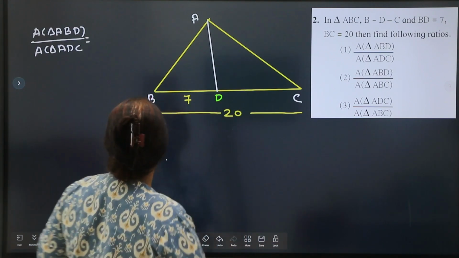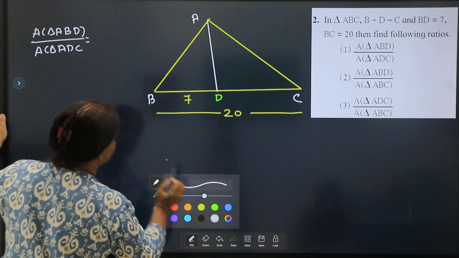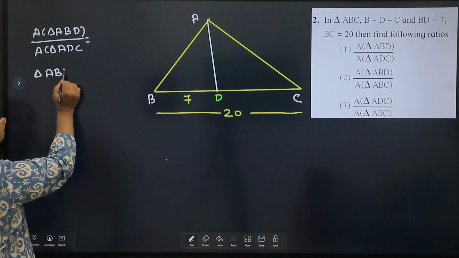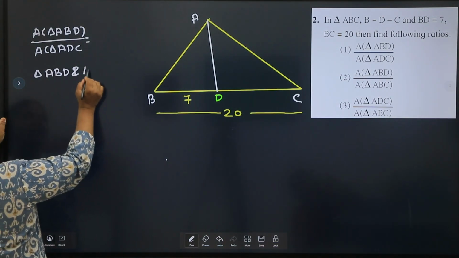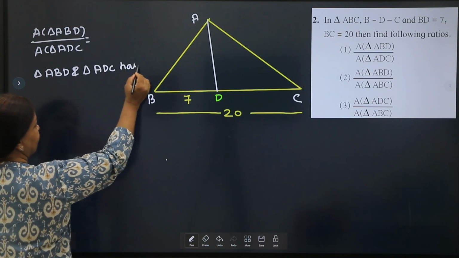So we can write here triangle ABD and triangle ADC have a common vertex.